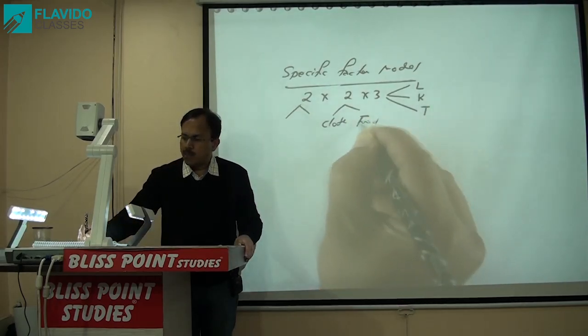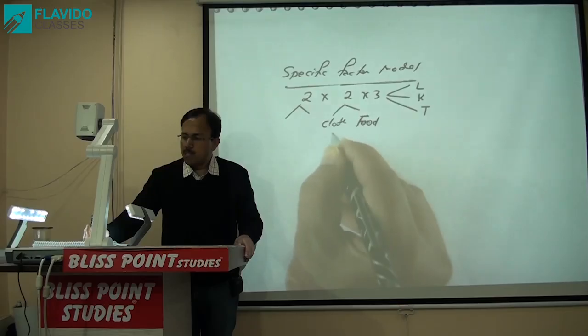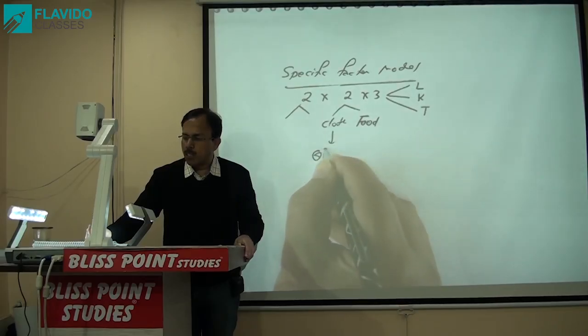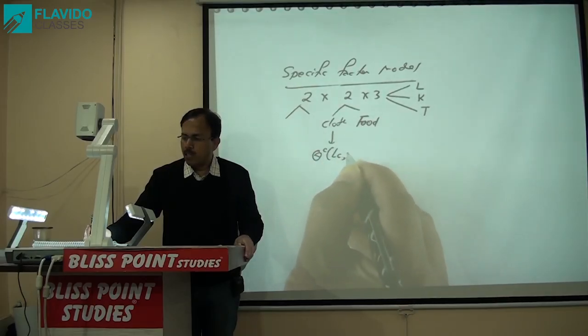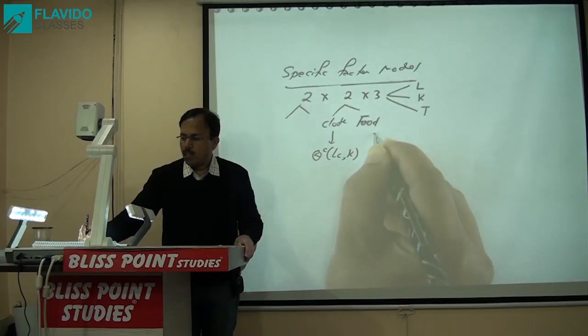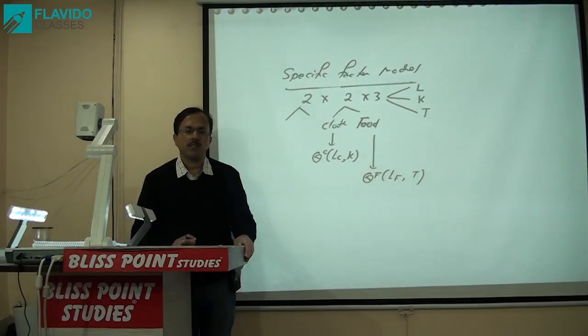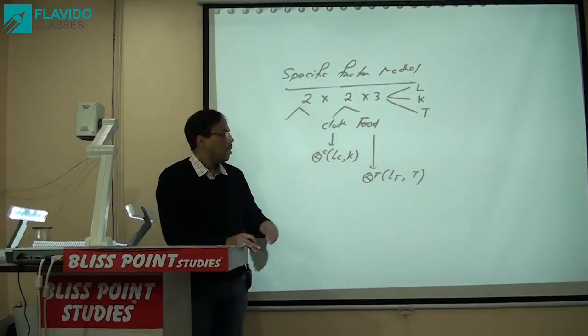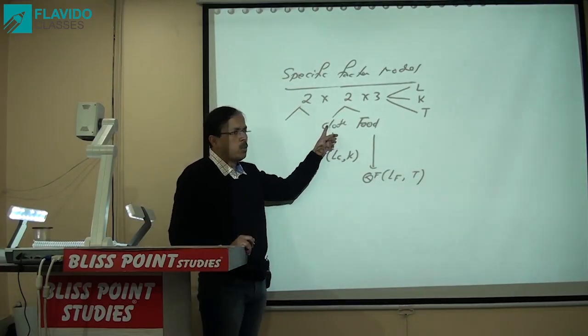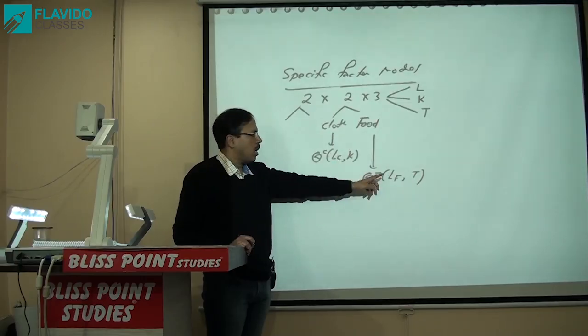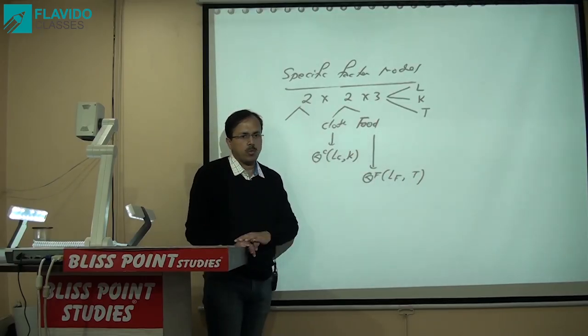And what is specific here? Cloth production uses labor and capital, and food production uses labor and land. So capital is specific to cloth, land is specific to food.